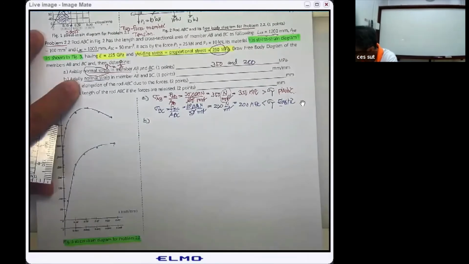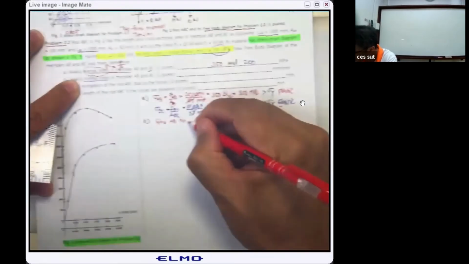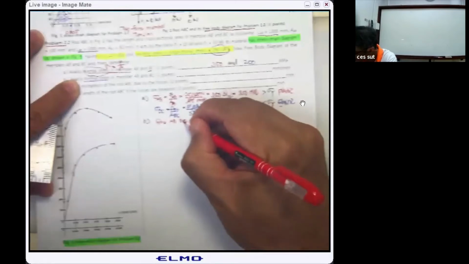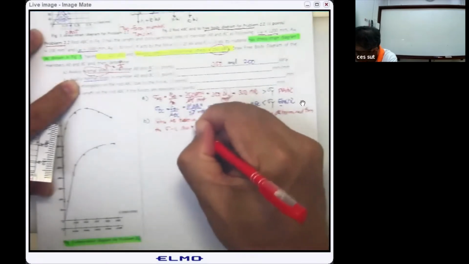Since AB behaves in the plastic region, the strain sub AB will be determined from the stress-strain diagram.